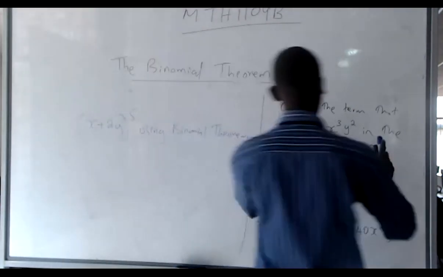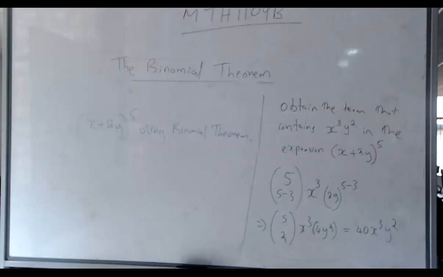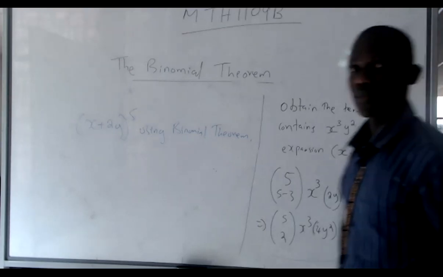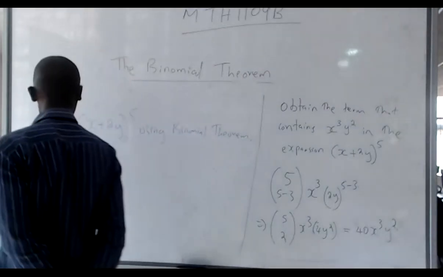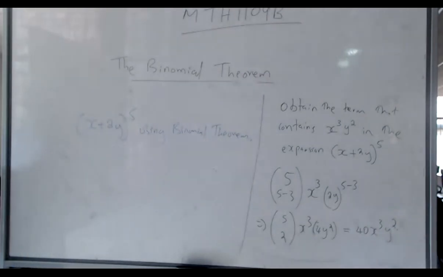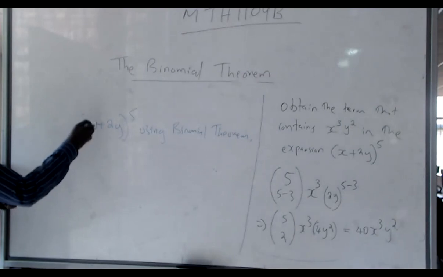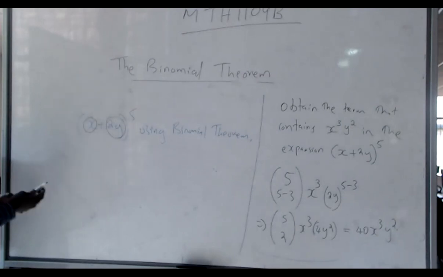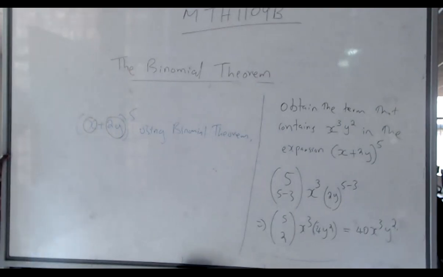I want to do this expansion using binomial theorem. The first term is x. The second term is 2y. How do you do this?